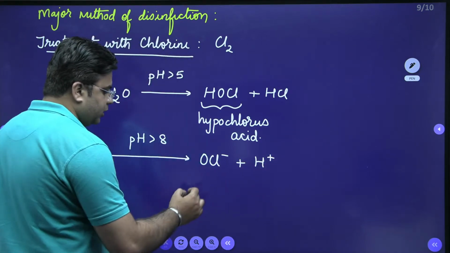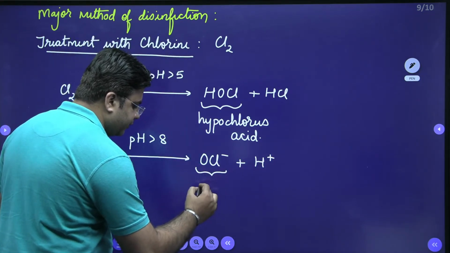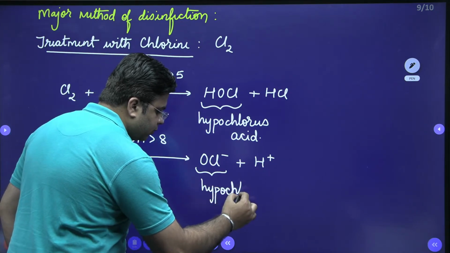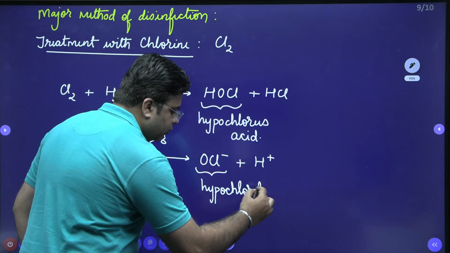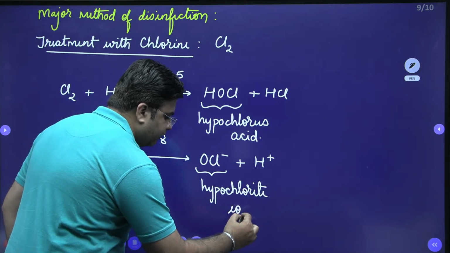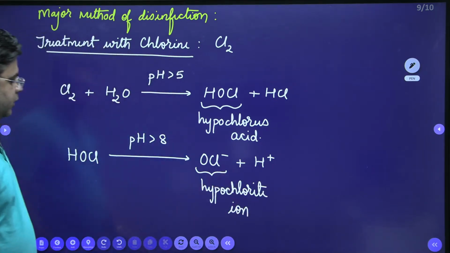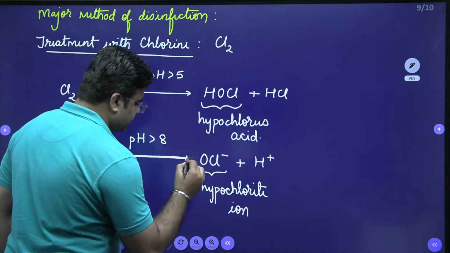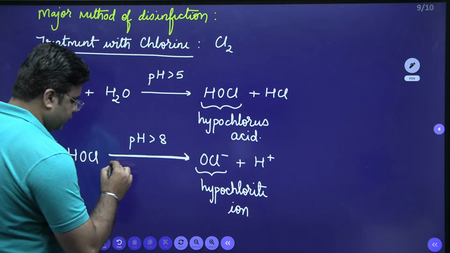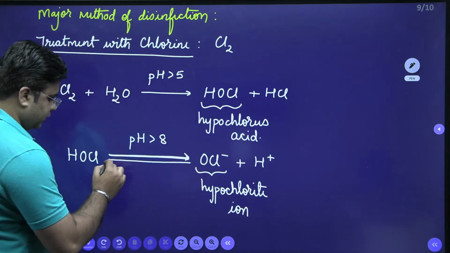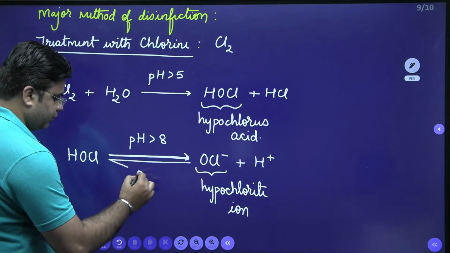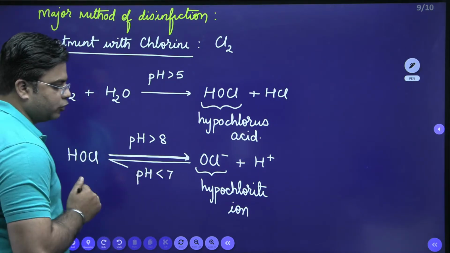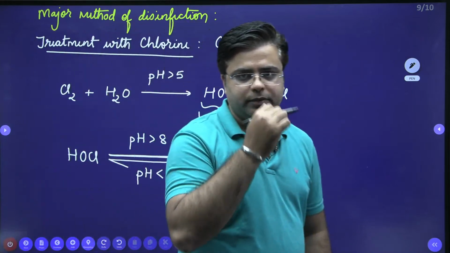So this is your hypochlorite ion, right? If the pH of the water sample is less than 7, then this dissociation will go backward. That is, only hypochlorous acid will stay in the system, right?